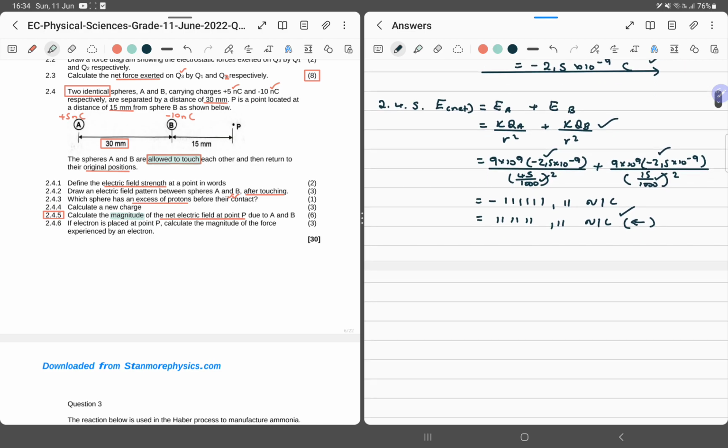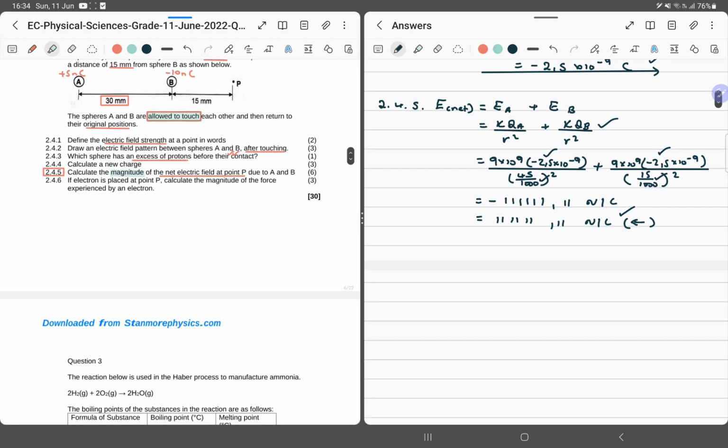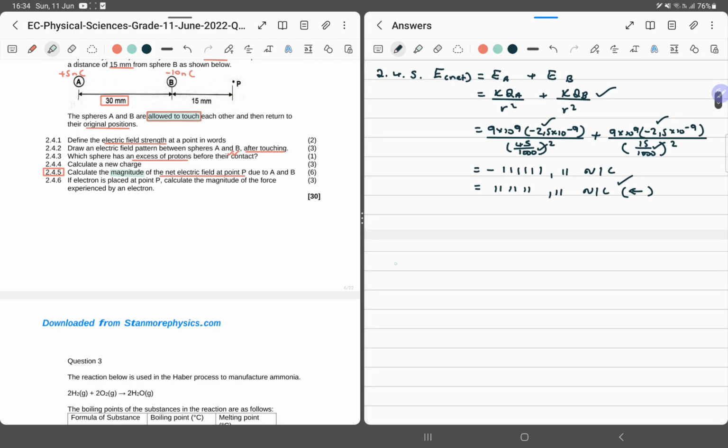Pretty easy stuff. All right, so let's move to 2.4.6. It says now, if an electron is placed at point P, so what are we placing there? We're placing an electron at point P. Calculate the magnitude of force, again magnitude, experienced by an electron.